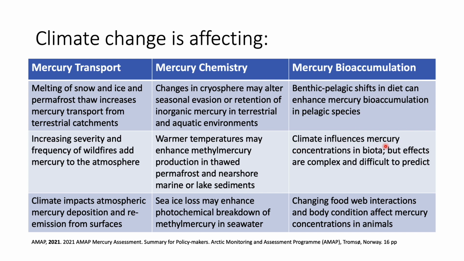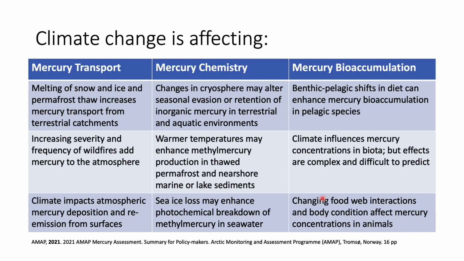Similarly, climate influences mercury concentration in biota. It also affects it, but it is very difficult to understand because this is a very complex process. And of course, changing food web interactions and body conditions affect mercury concentration in animals. So these are all the ways by which climate change is affecting mercury transportation.